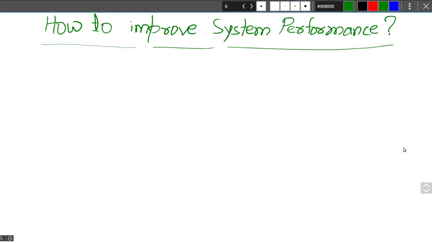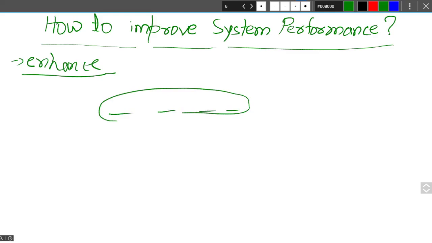To improve the system performance, what we can do is enhance a certain portion of the system. Now the question is, if we have several different portions in our system, should we improve all the portions or some of them?